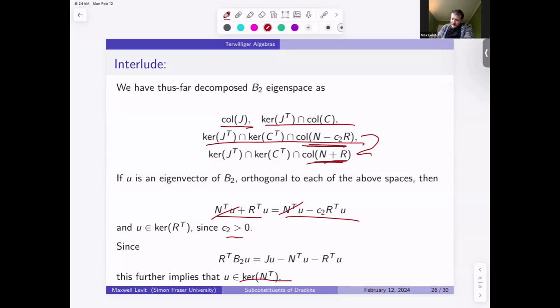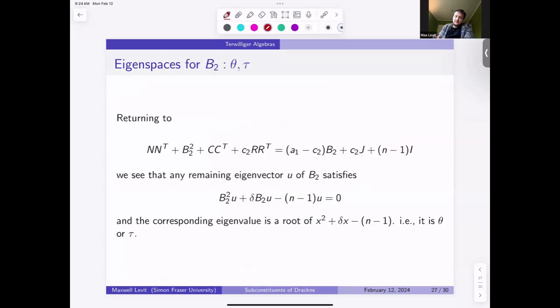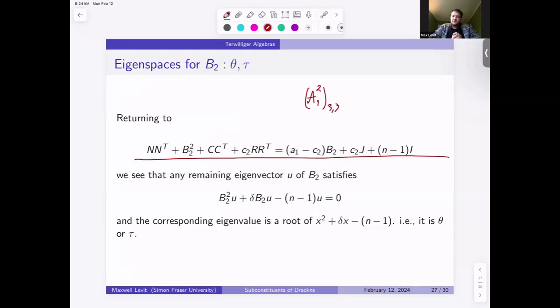And the reason I bring that up is that it's important when we look at this last equation, which starts off as a very ugly equation. I didn't write it down, but this one is from A1 squared to 3, sort of the belly of the beast. This is comparing the second subconstituent part right at the middle.